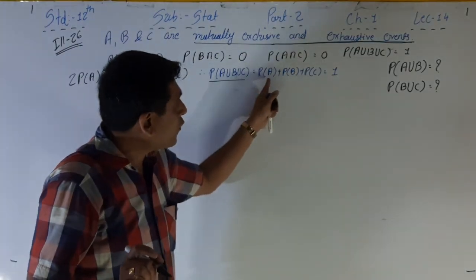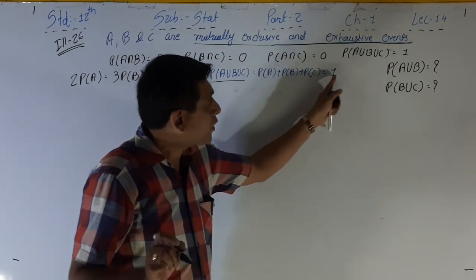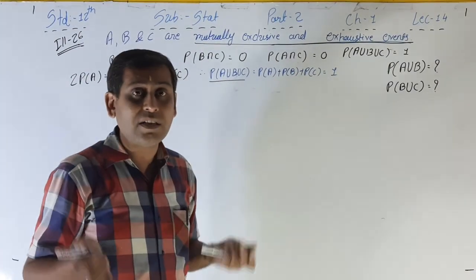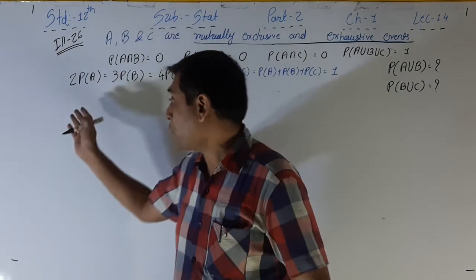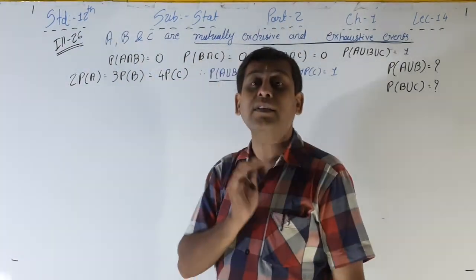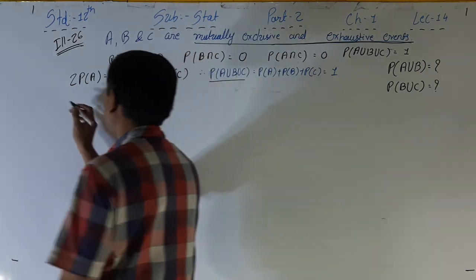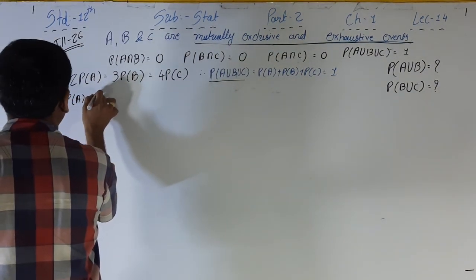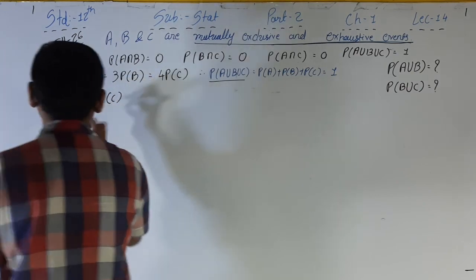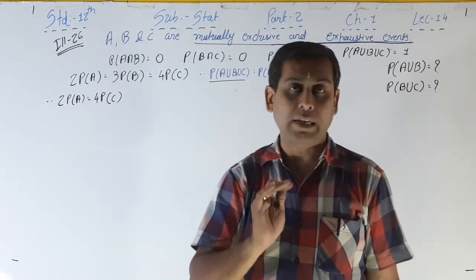But here we want P of A, B and C. Total is 1, but for A, B, C we have to find out from this information P of A, B and C. How? See, 2P of A is equal to 4P of C. Here we have to use mathematics. Why?